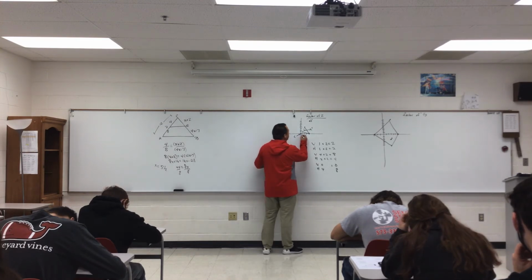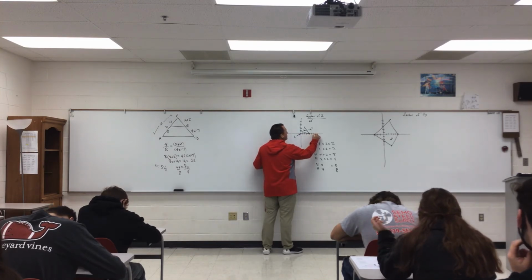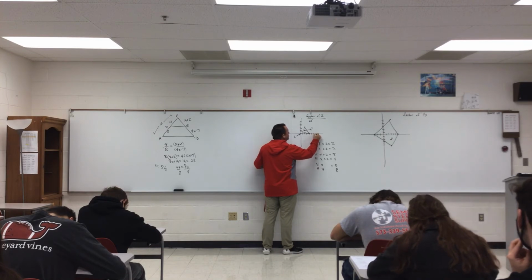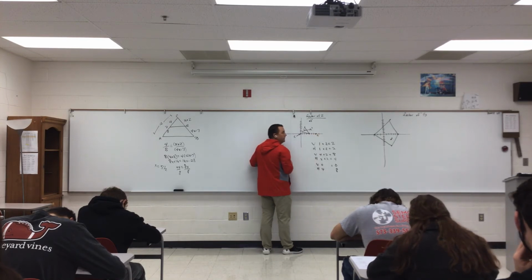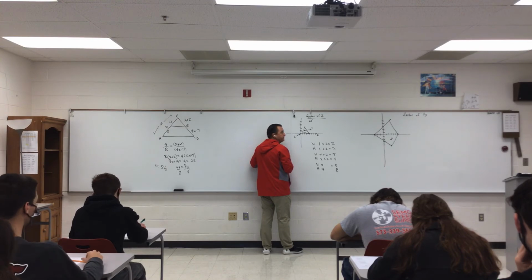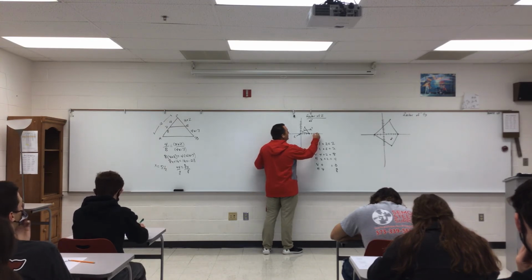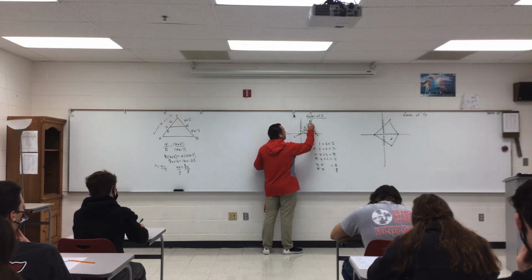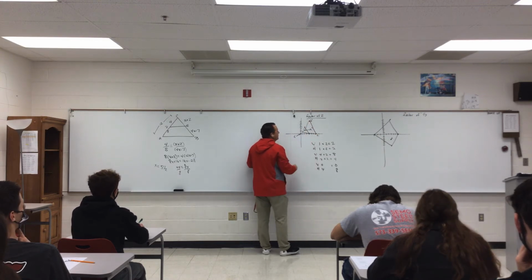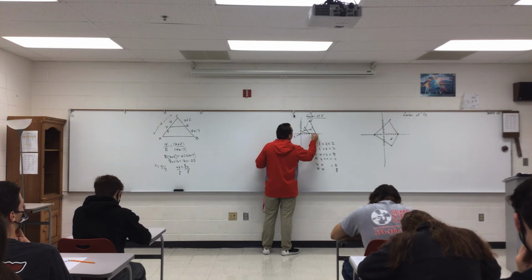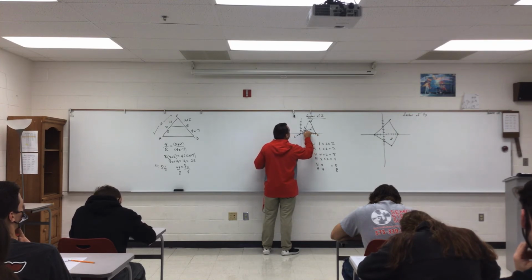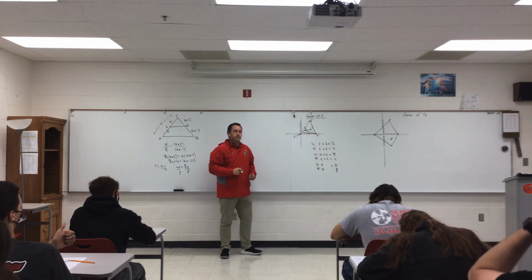But instead of going over 4, I'll go over how many? 8. And that's my new L. So now this is my new shape. There we go. Does that make sense, everybody?